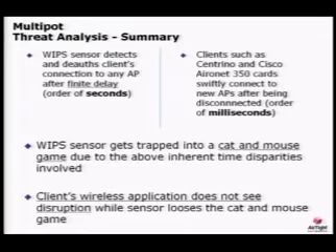So obviously what we are looking at in the case of multipod is a scenario wherein the WIP sensor gets trapped into a cat and mouse game with the client, and given the above timing disparities, it is always the client which is going to win this cat and mouse game. As a result, in case of multipod, the client's wireless application continues to work with minimal disruption even in presence of a deauthentication based session containment.